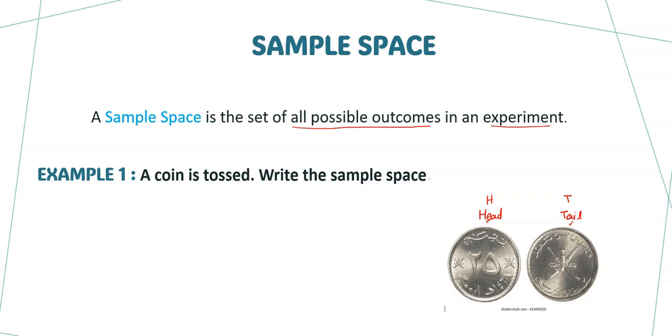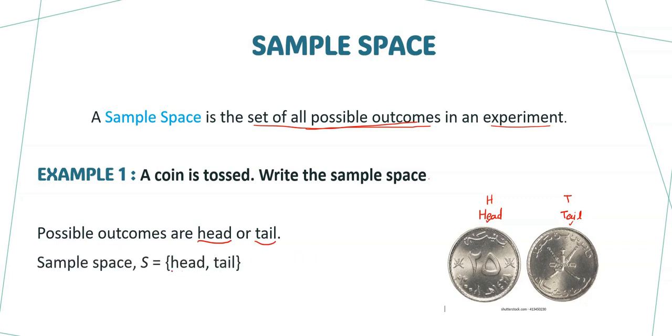By definition, sample space is the collection of all possible outcomes. So in this case, we say that the possible outcomes are head or tail. So the sample space is head, comma, tail. This is how we write it. We denote the sample space by capital S equals, and under parentheses we list out all the outcomes separated by commas.